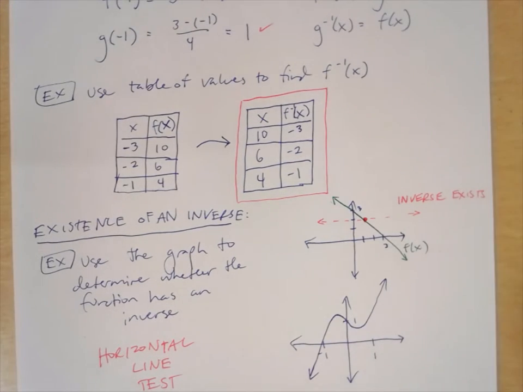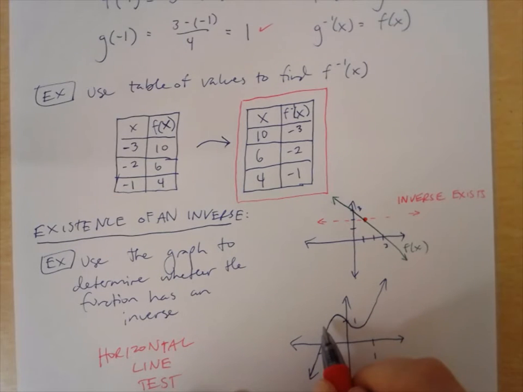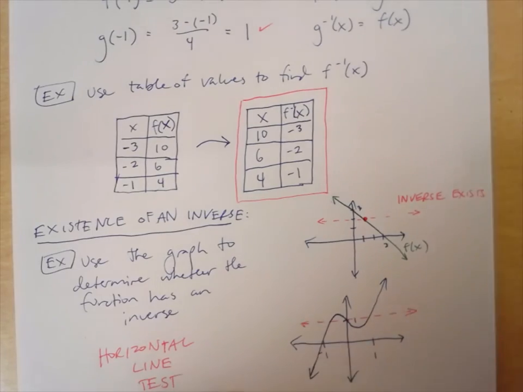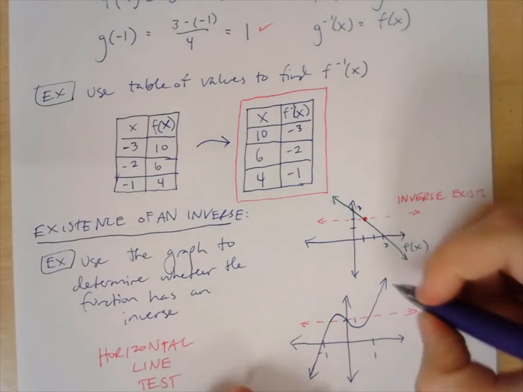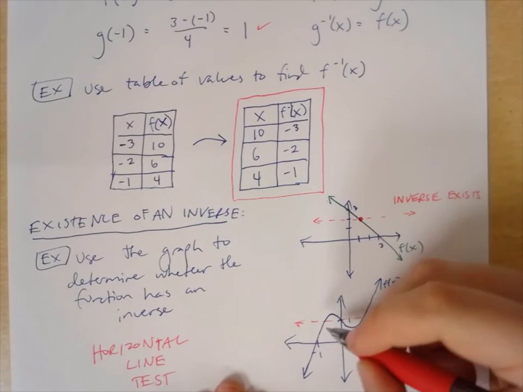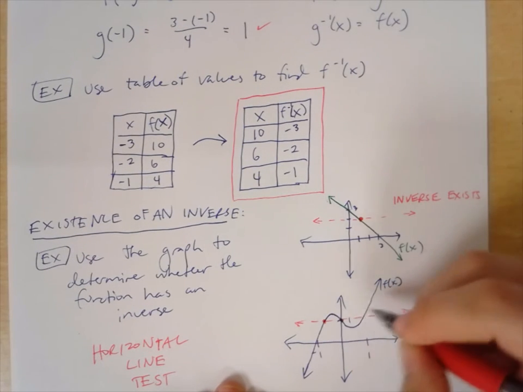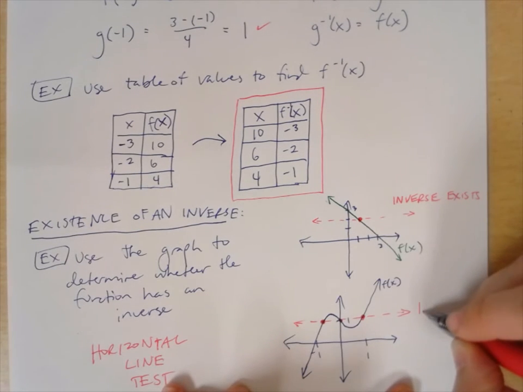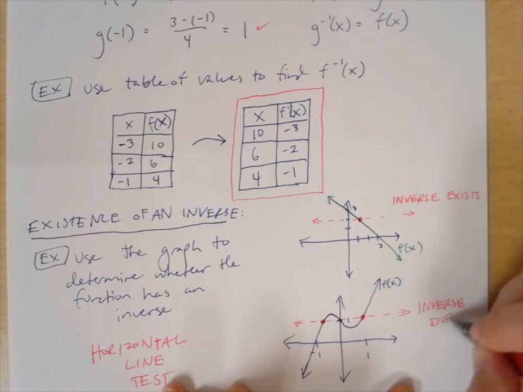Cubics usually do that. If I threw a horizontal line through here, we can see, let's label this, this is our f of x. We can see now that this touched at 1, at 2, at 3 places on our graph. So what we can conclude then is that no, this inverse does not exist.